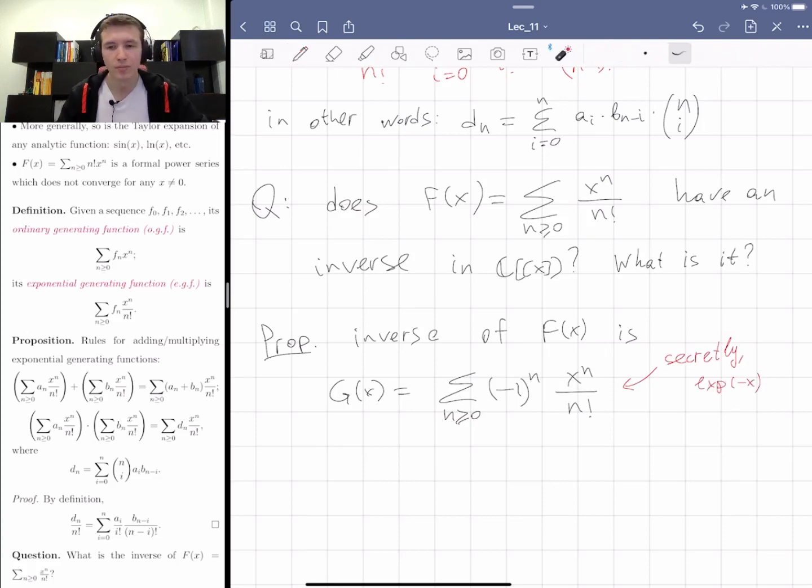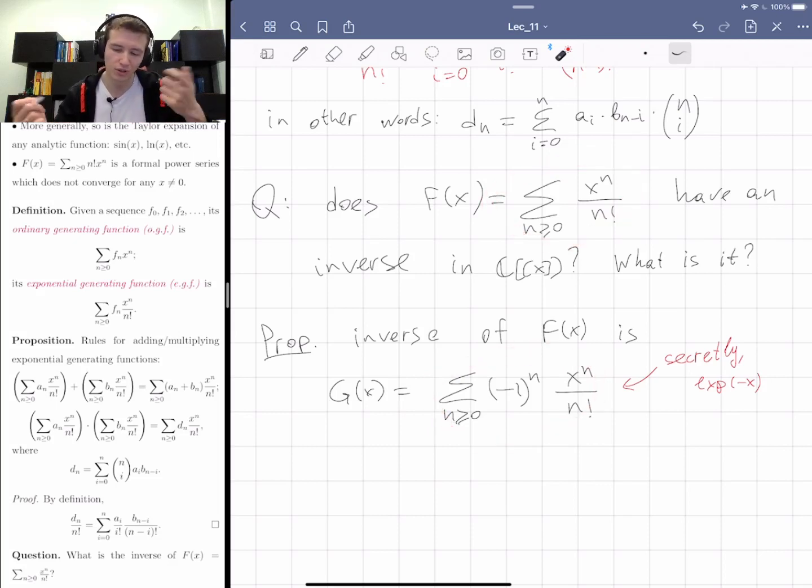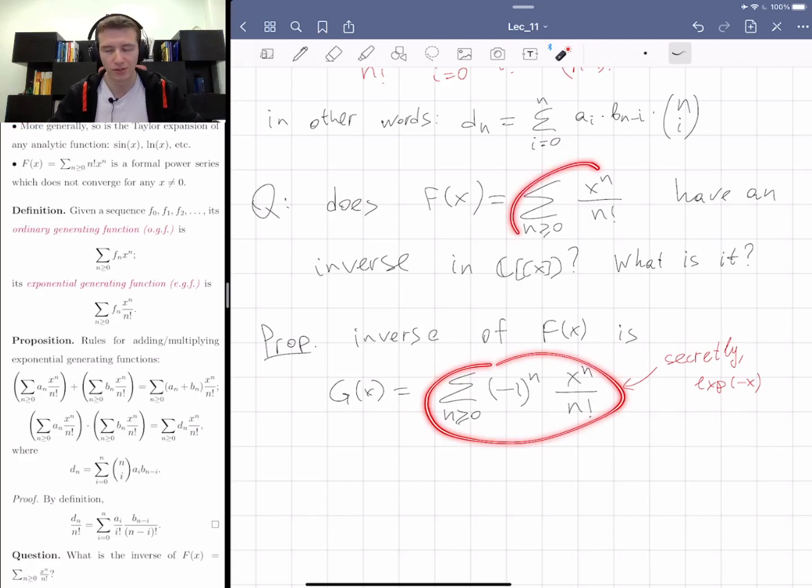As a disclaimer, because the series converge for all x, there is an argument that if two things converge everywhere and one is the inverse of the other, then this is true as formal power series.